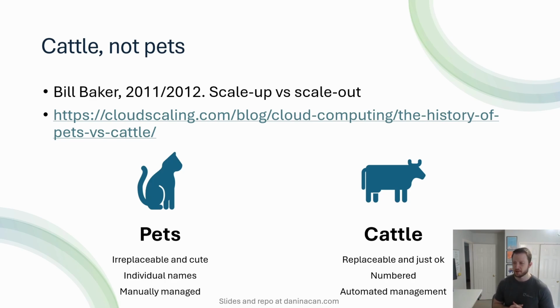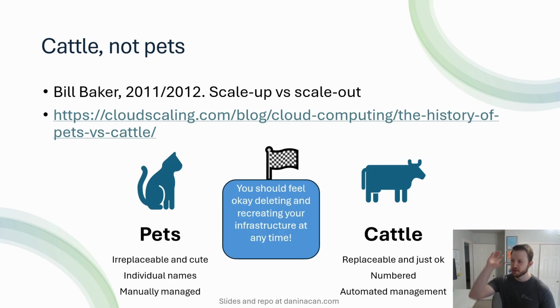A good benchmark for this, in my opinion, an ultimate goal, is that you should feel completely comfortable deleting the resources for your app and then standing them back up again without losing anything. Either standing them back up manually or having that done automatically as part of your disaster recovery.